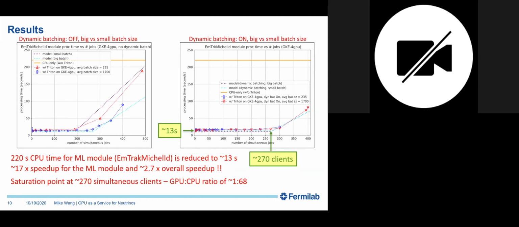So below this saturation point, the curve is essentially a flat line at around 13 seconds, which means that we have reduced the 220 seconds represented by the orange line by a factor of 17, which I think is pretty remarkable. And this translates to an overall speed up of 3 times for the entire workflow. And the saturation point at 270 simultaneous clients means that one single GPU can serve up to 68 simultaneous clients with little or no impact to performance.